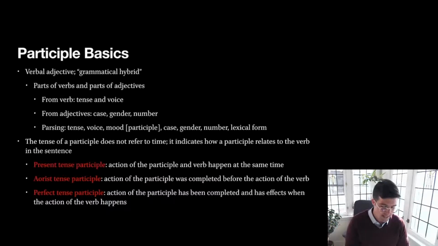So when you have a present tense participle, what's going to be happening is that the action of the participle, the verbal sense, the verbal action, whatever it might be, the loosing, the sending, the proclaiming, is going to happen at the same time as the verb. So an example of this would be: carrying a stick, he went out into the desert.